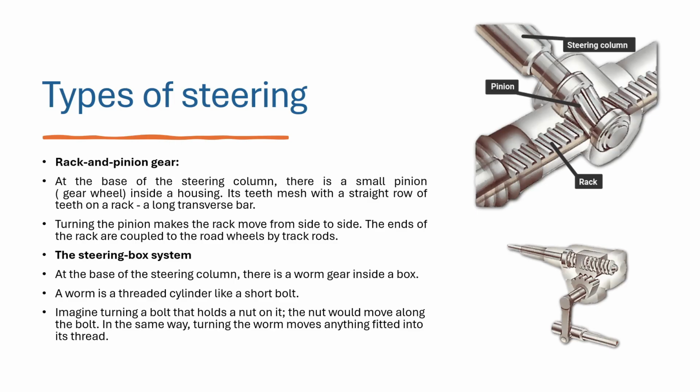The same way, turning the worm moves anything fitted on its thread. Here we have fitted another rotational teeth which is connected to the track rod. So whenever this worm is rotated, it is rotating another toothed part, which in turn rotates or moves the track rod.